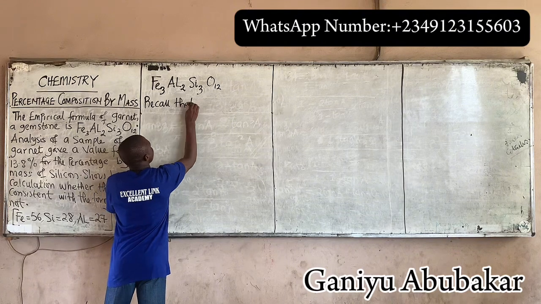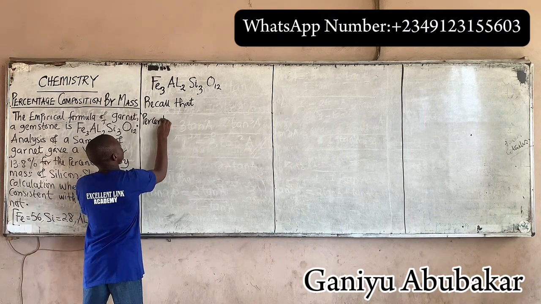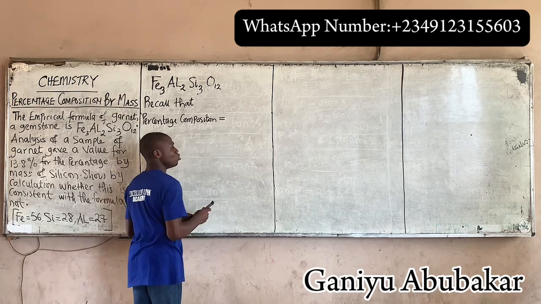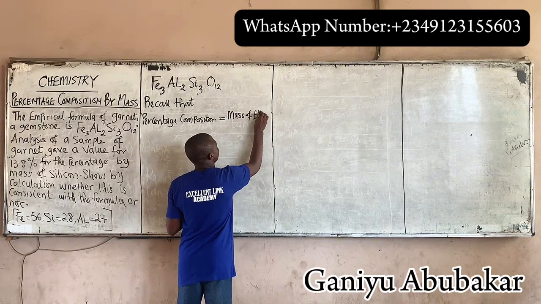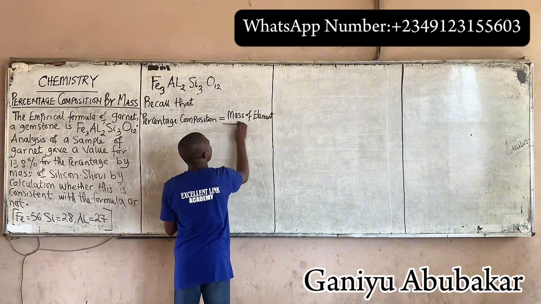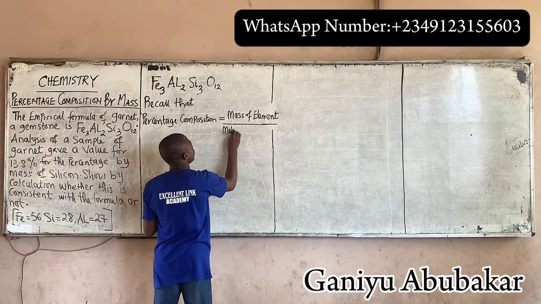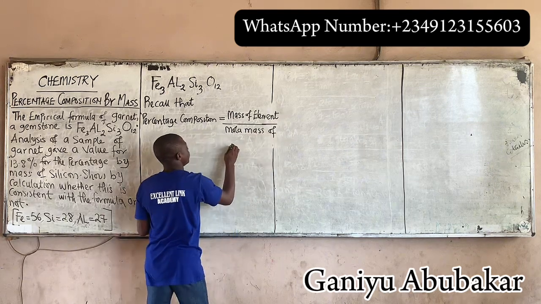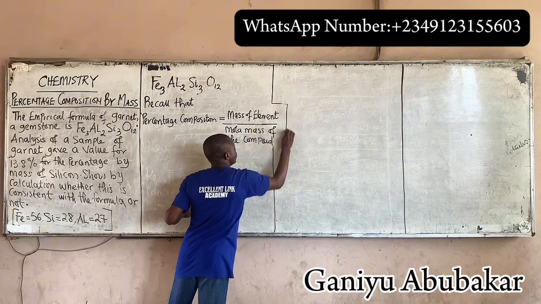Recall that the percentage composition of an element is equal to the mass of the element we are considering, all over the molar mass of the compound. So this becomes my formula.